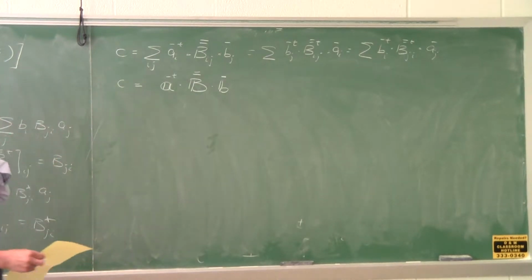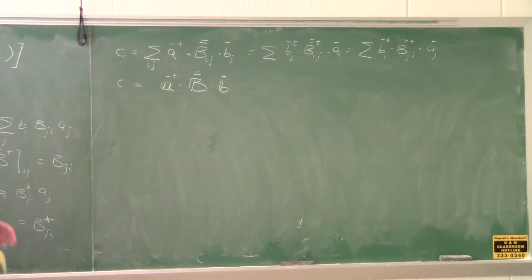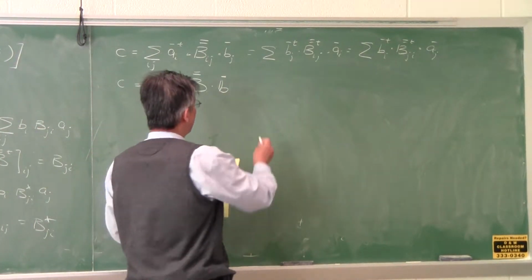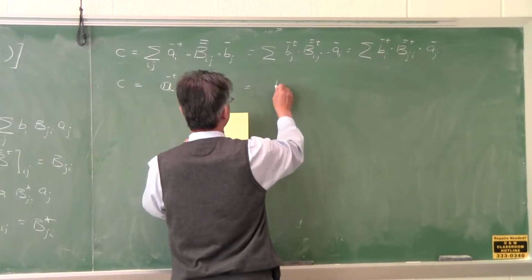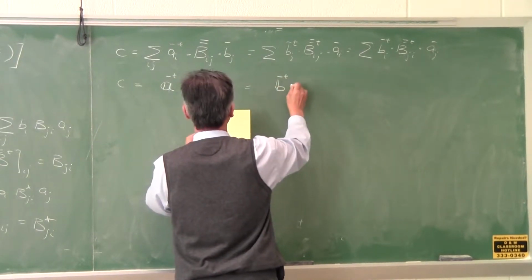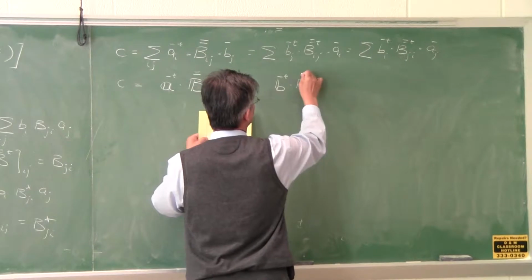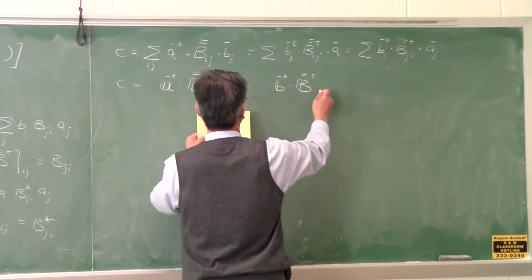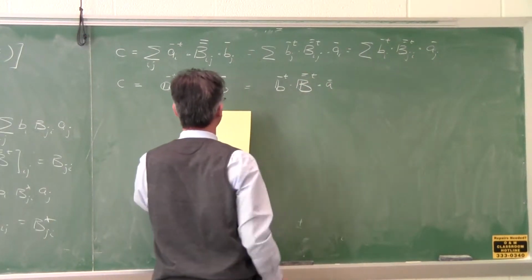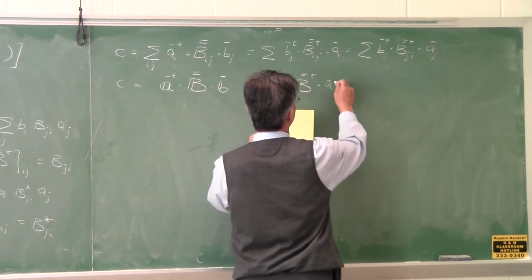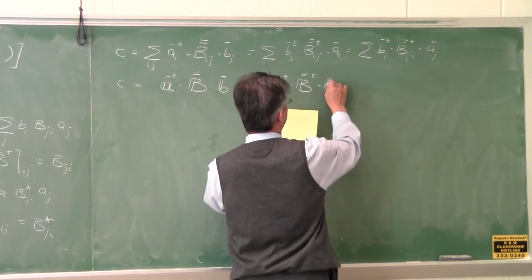Okay, I can write this as this now. And then the second part would be the blackboard ball transpose with this transpose with A.